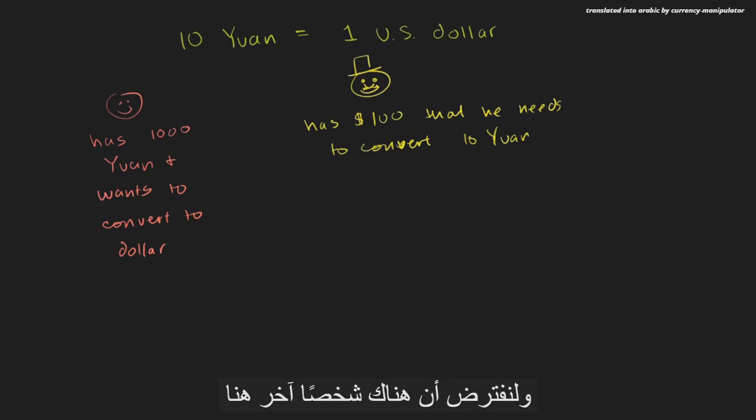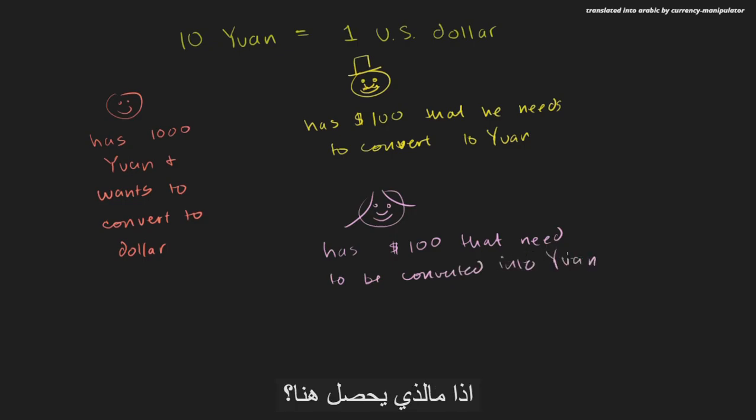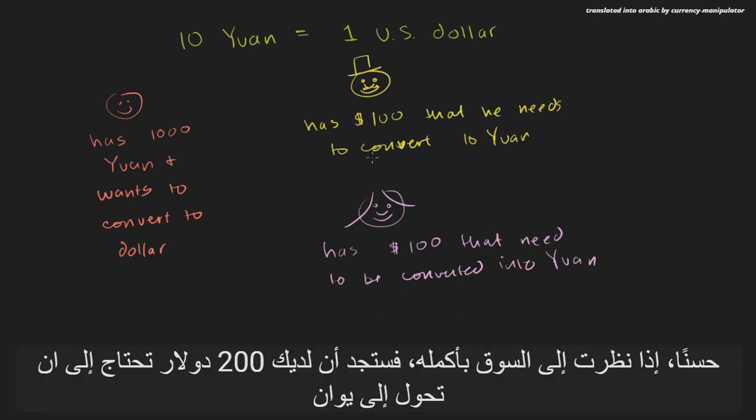And let's say there's another character over here, and she also has $100 that needs to be converted into yuan. So net, what's happening here? What's the total demand to convert yuan into dollars and dollars into yuan? If you look at the whole market, you have $200 that need to be converted into yuan.